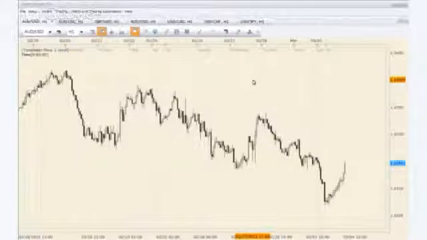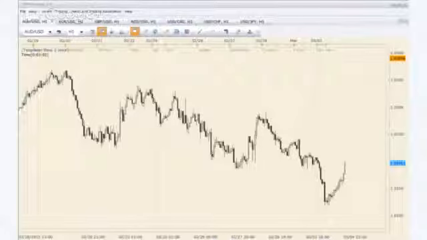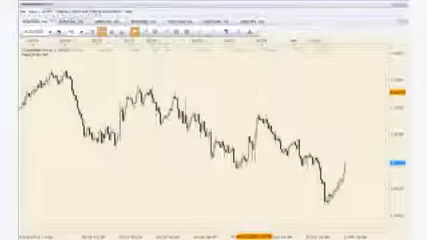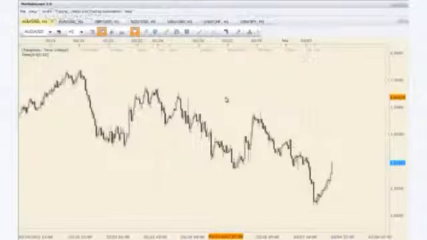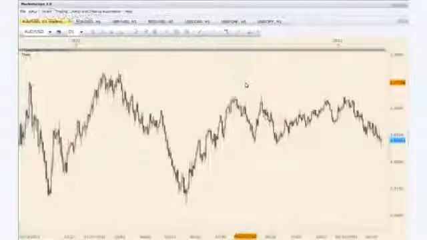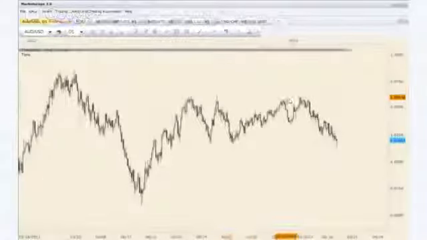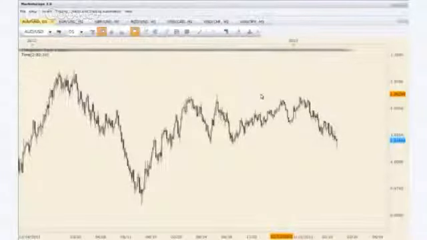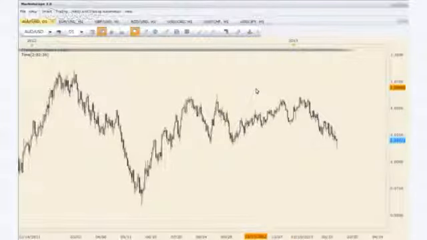So I'm going to look at the 1 hour chart on the major currencies, and we'll start on the daily chart to draw in some levels.